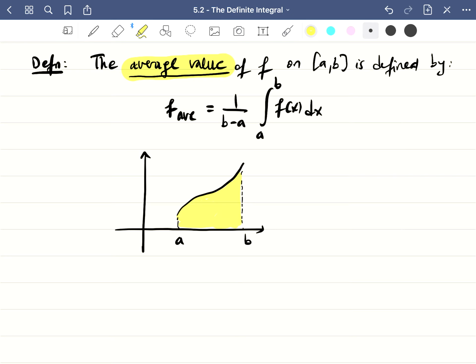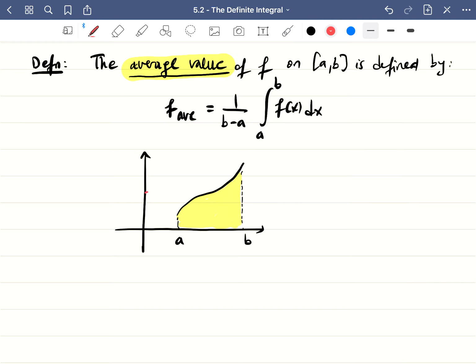Okay, and instead of having this area, we're going to interpret this area, the yellow area right here, as the area of some box, like that. Because if you divide this area by this length, you'll find some number, which means if you multiply that number by this length, which is a base, you'll find the area of a box, which is also the yellow area. So basically what this is saying is that this yellow area is the area of this box.